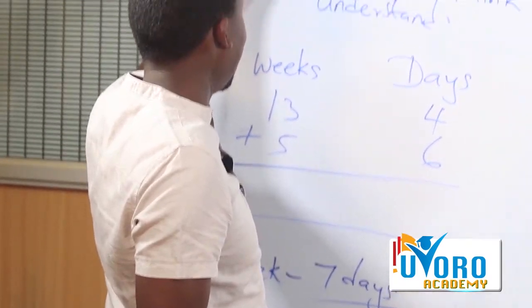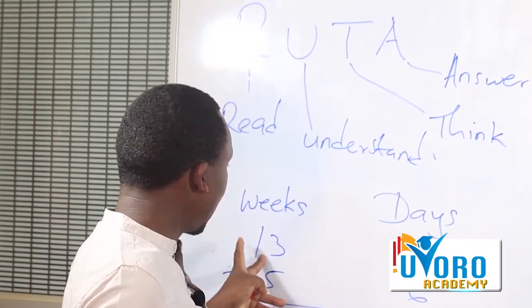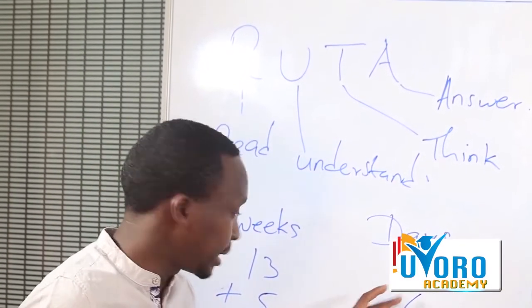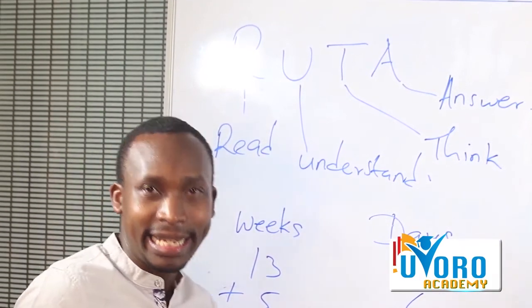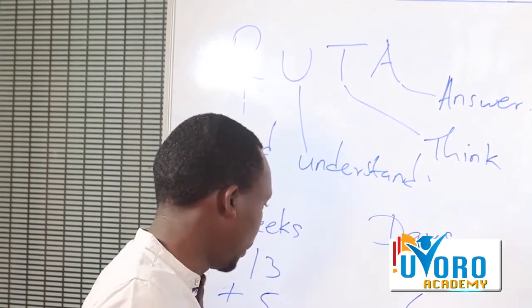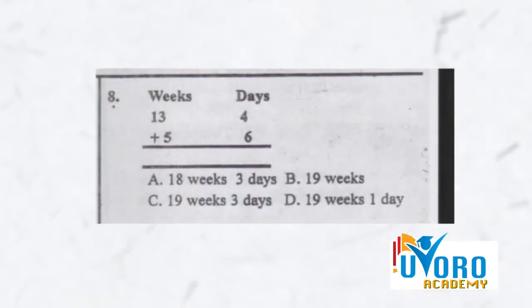Now, let's read again. 13 weeks plus 4 days, you add to 5 weeks and 6 days. Using that, you're supposed to understand. That is why we have written here 1 week having 7 days.